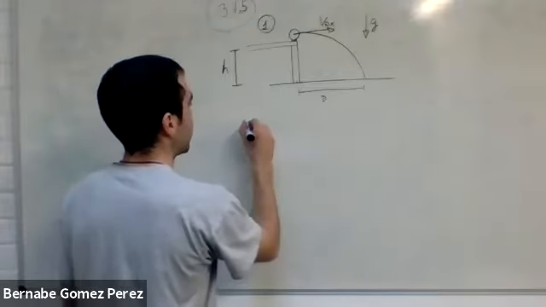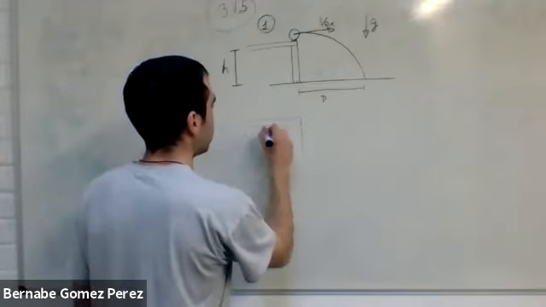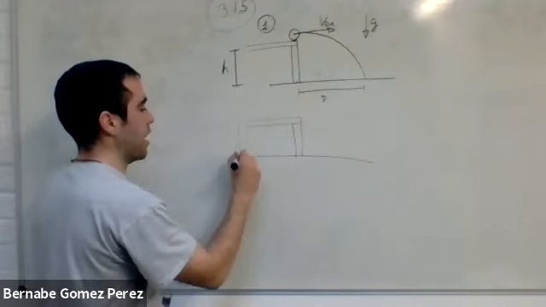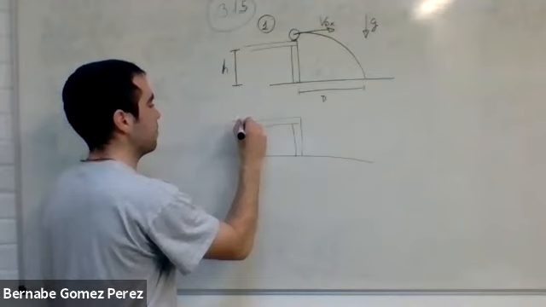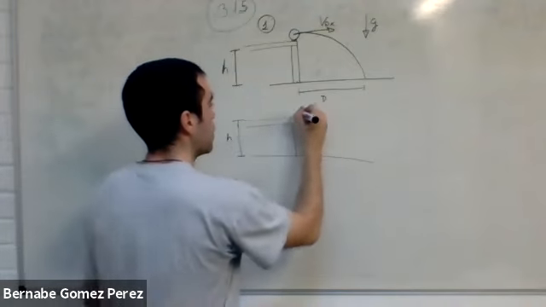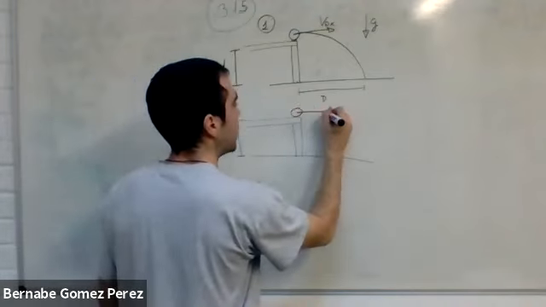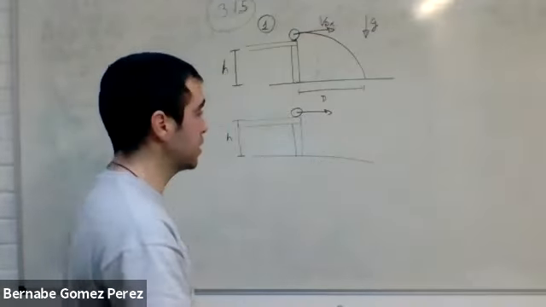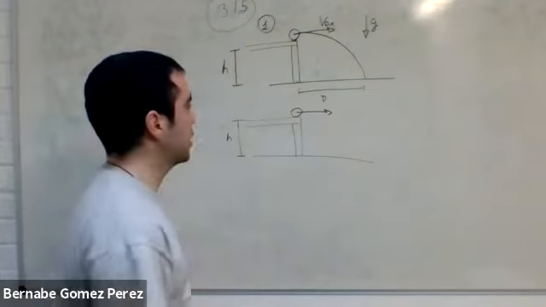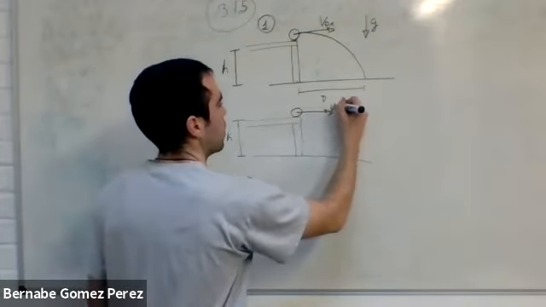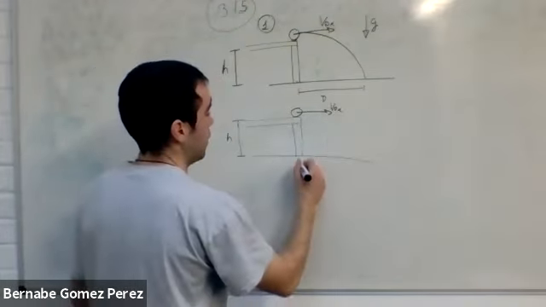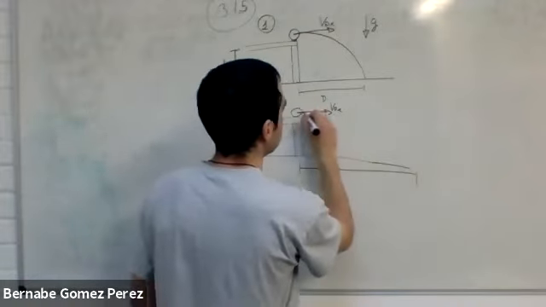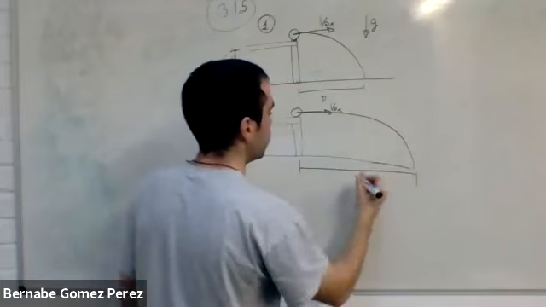We know it's the same table, so it's going to have the same height. Same ball, same initial speed, which I consider is only in the x direction. There is no initial speed in the y direction.